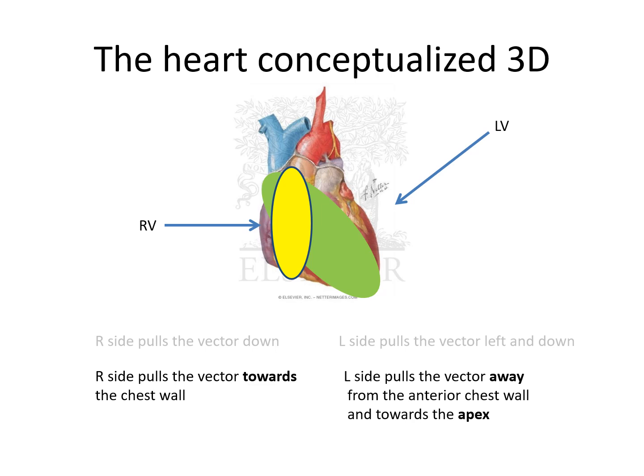Now again, remember, most of the muscle mass is on the left, so the overall vector of depolarization is mostly going to follow what the left side of the heart is doing. So in most hearts, the normal ones, the overall wave of depolarization in 3 dimensions will follow the LV, and it will go down, left, and then away from the chest wall, curving away towards the apex.